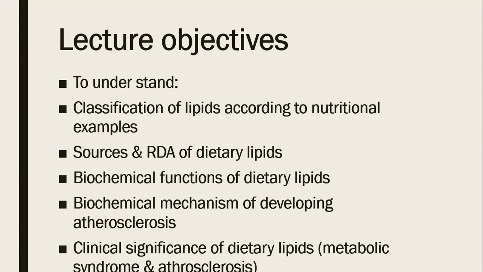Linoleic acid is the parental fatty acid of the omega-6 family. The arachidonic acid derived from linoleic acid is the precursor of prostaglandins, and it is suggested that these prostaglandins stimulate tumor progression.